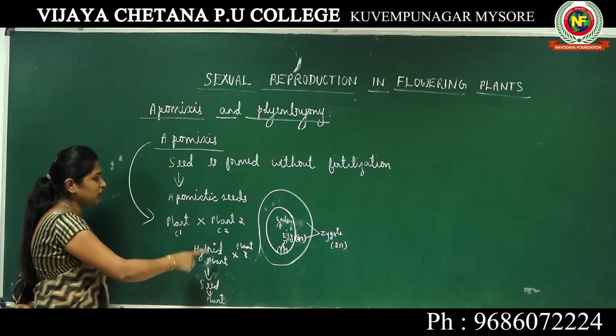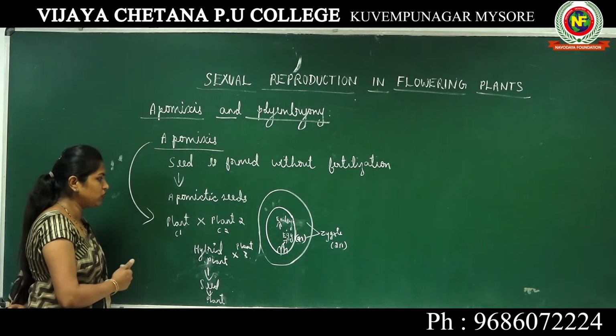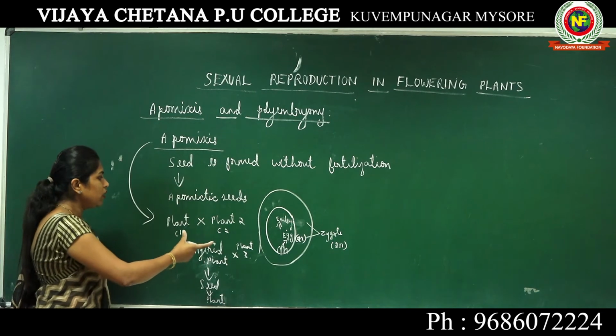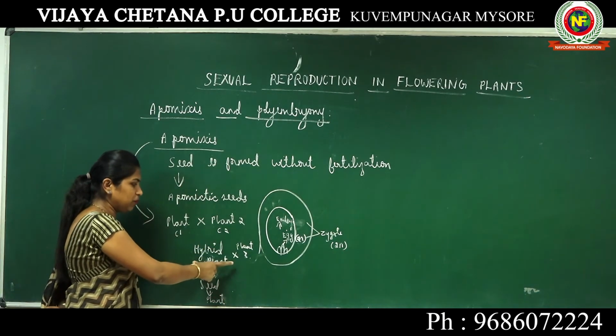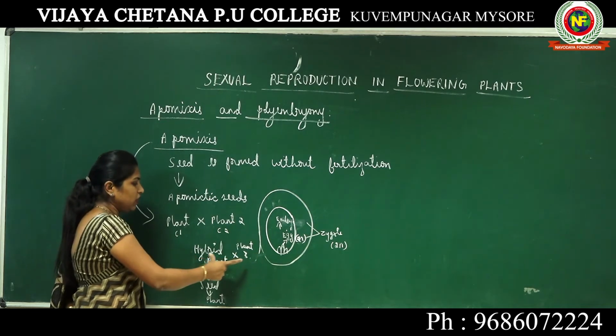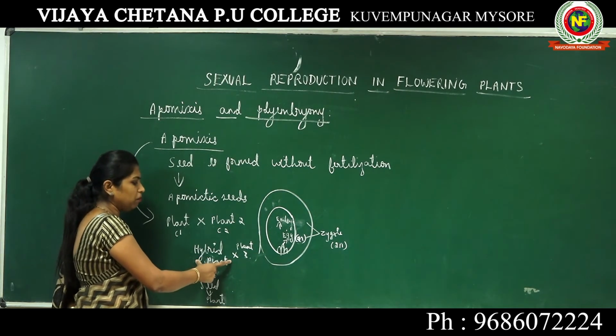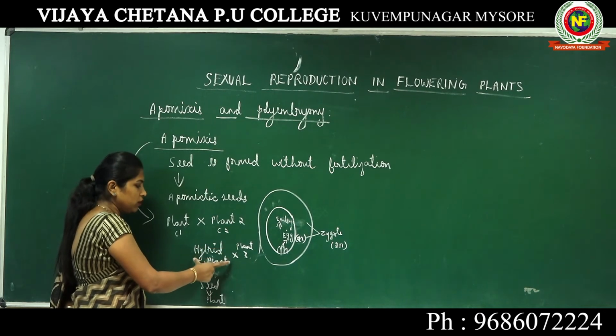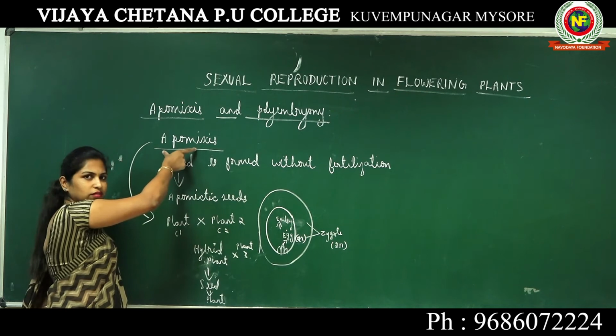That is the reason in hybridization experiments what they thought is, if these hybrid plants are not bred with any other plants, if these hybrid plants are made to undergo this apomixis.